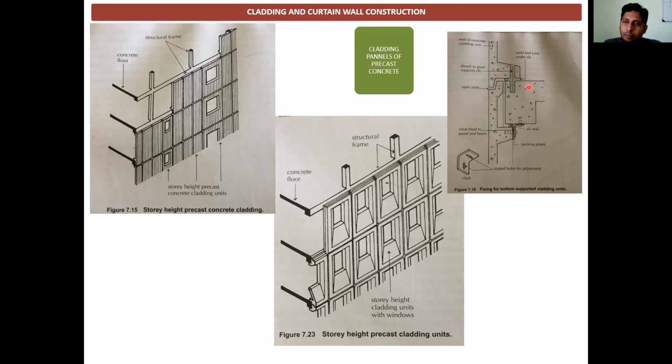This kind of joint can be created. At the time of rain and weatherproofing, as well as at the time of temperature difference, these gaps allow the expansion and contraction of the concrete.